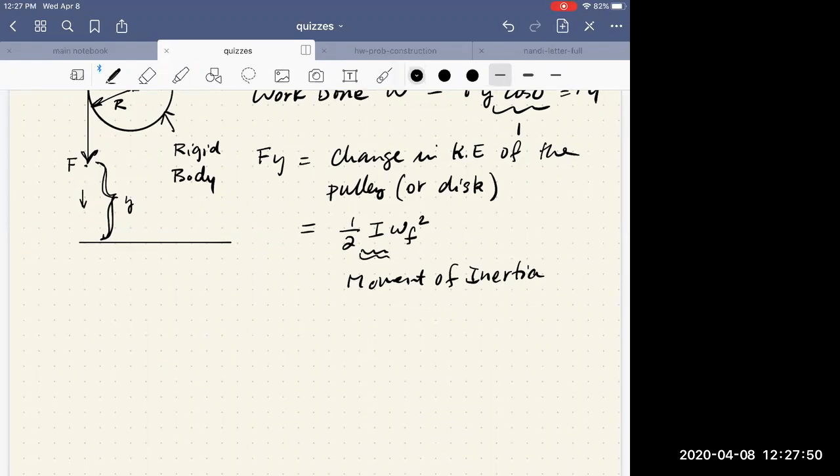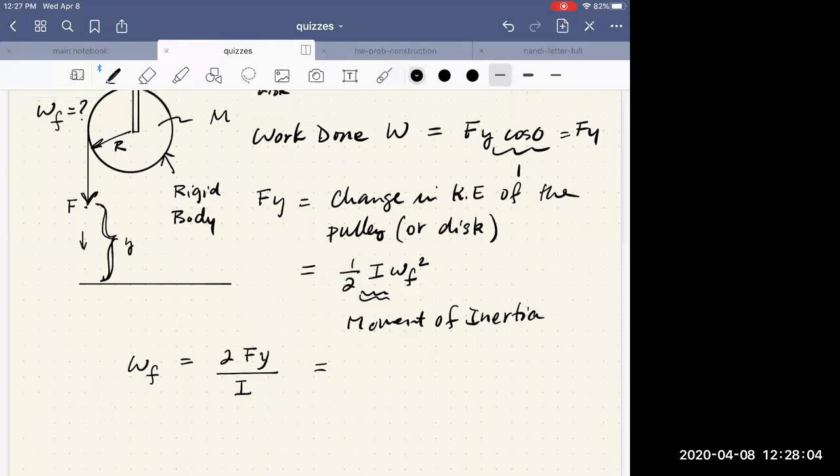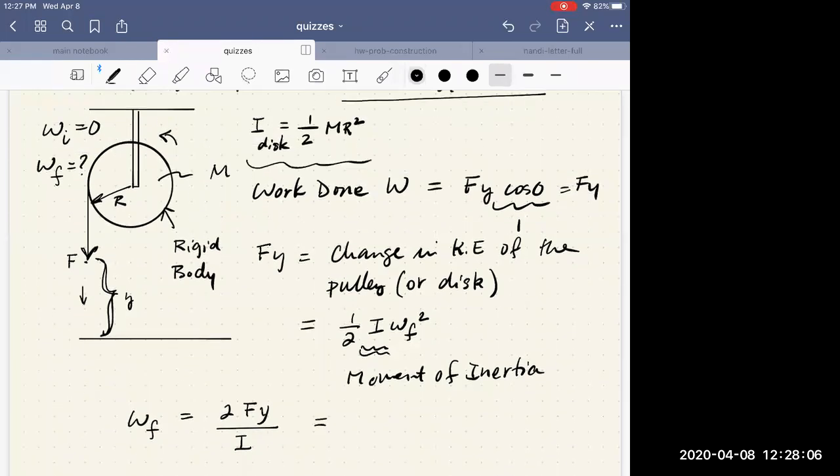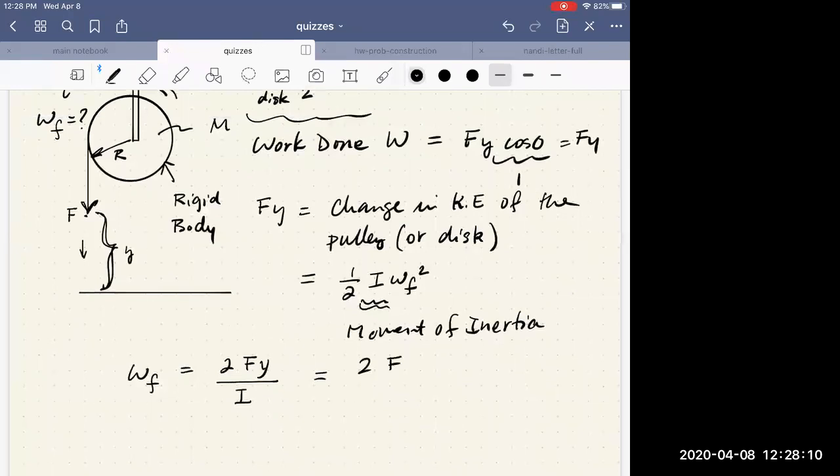So now it is very, very simple to find omega final. It is going to be twice Fy divided by I, all raised to the power of half.